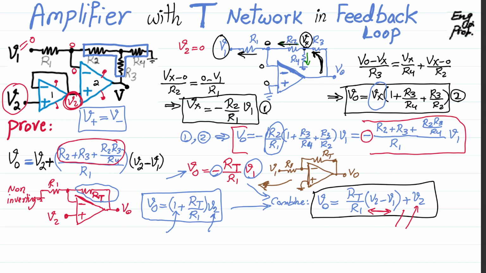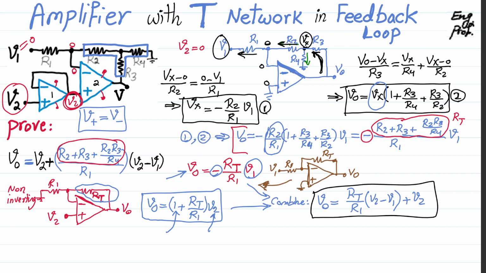So you end up with what is shown here. I just named it RT so that I don't need to rewrite it, but we just proved what was needed. That's the final outcome.